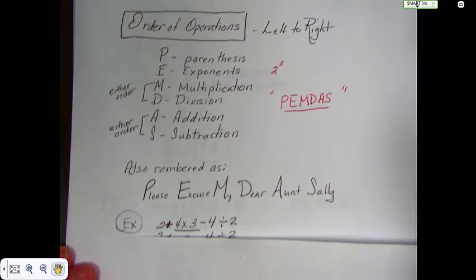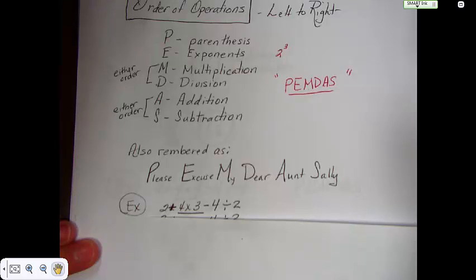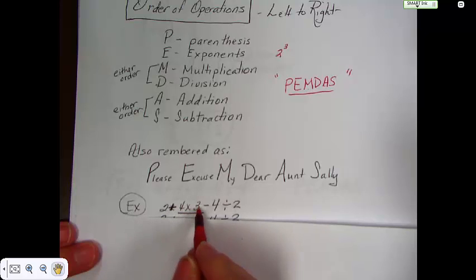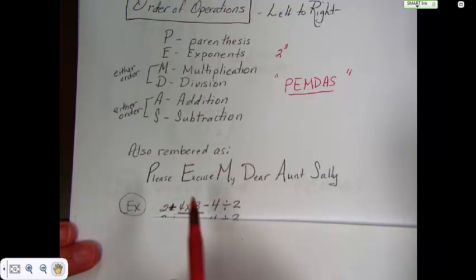Okay? Now, here's a problem. We'll work through it. I always underline what I'm working on so that I keep track of what I've done. So this is 2 plus 4 times 3 minus 4 divided by 2. Remember, there's no parentheses, there's no exponents, so we either have to do multiplication or division, if there is any.